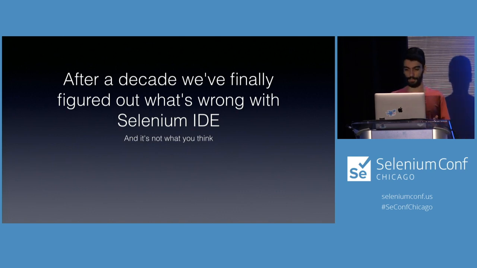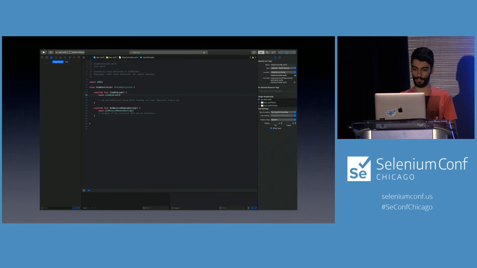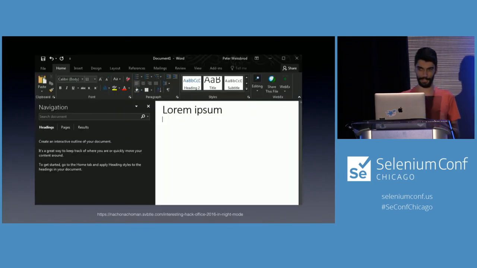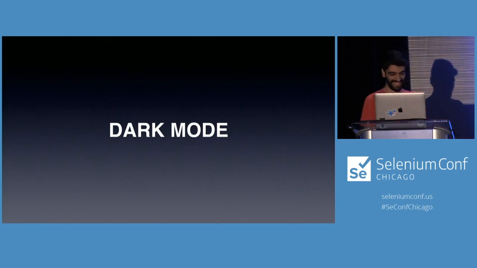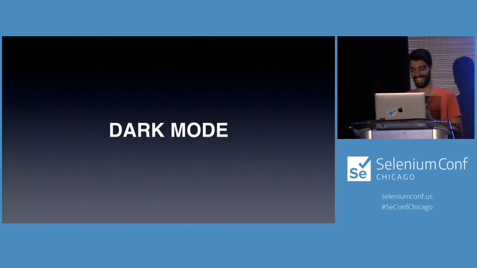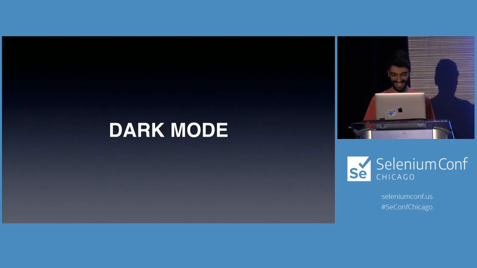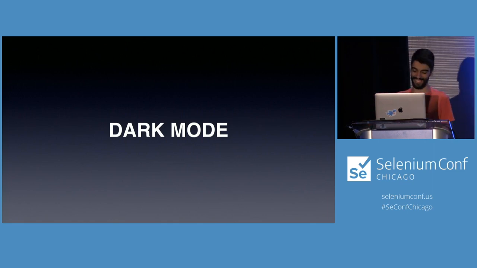We looked at Vim, Xcode, and even Microsoft's Word, and we came down to the realization that they all have dark mode. Anyway, the idea is not getting dark mode, but I'd love to have one.